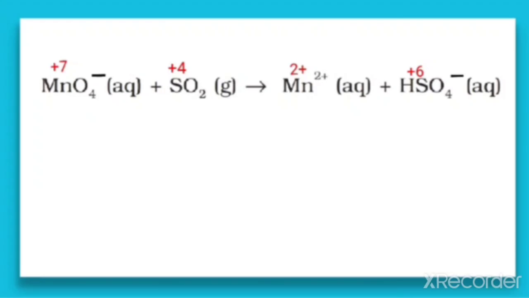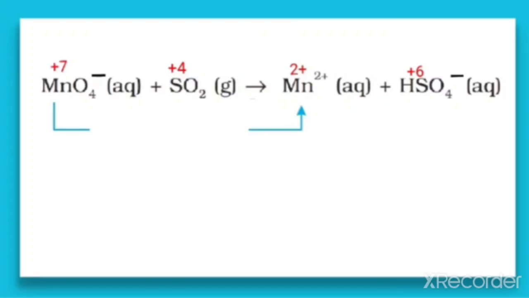Now the third step: from left hand side to right hand side, from the reactant to the product side, we see what the change in the oxidation number is. Is it increasing or decreasing? When you look at the oxidation number of Mn on the reactant and product sides, highlight it using arrows like this.